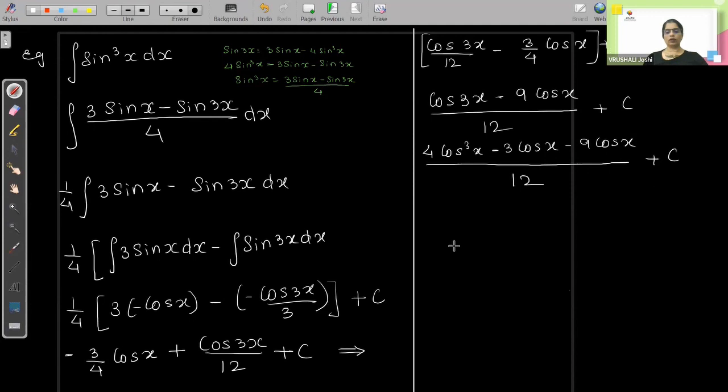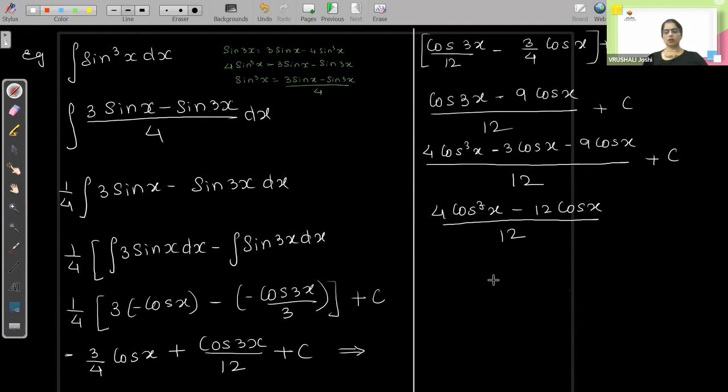Correct? Now we can take this further. How will we do it? 4 cos cube x, so this minus 3 cos x and this will become minus 12 cos x. Correct? So it will be 4 cos cube x minus 12 cos x by 12.